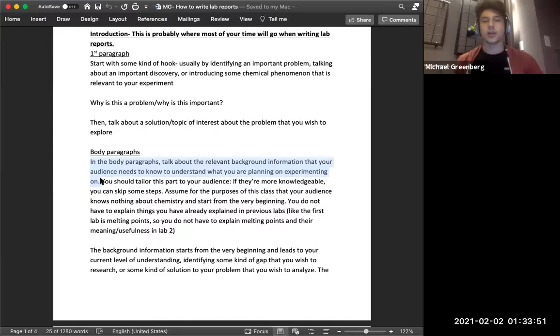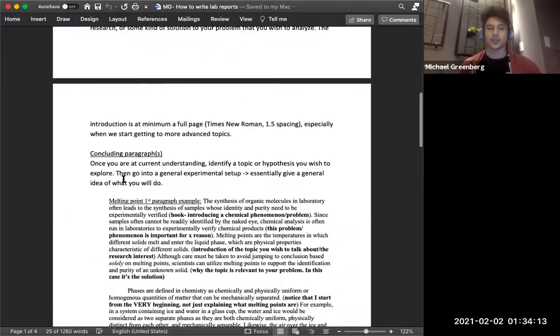So in this case, assume that we know nothing, and therefore you have to introduce all of the relevant chemistry for understanding melting points, right? This is not just basic melting points, this is an organic chemistry lab. So if we're discussing melting points, we're discussing intermolecular forces, we're discussing structures, et cetera, et cetera.